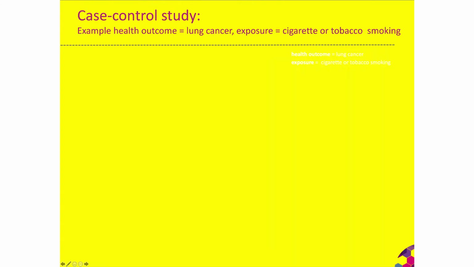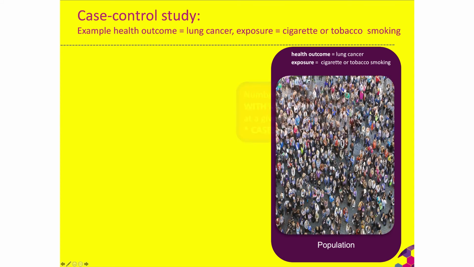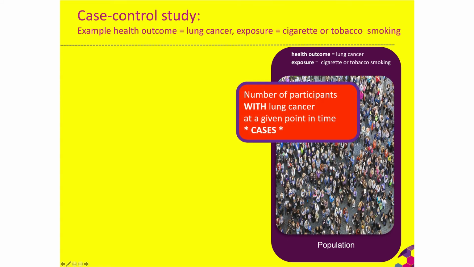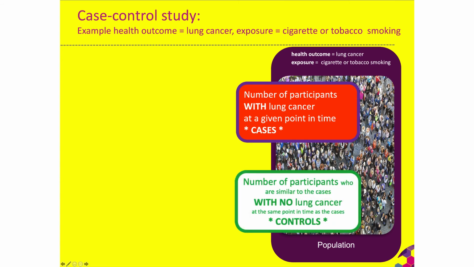So let's look at an example here. So we start with the population, and we're going to look at a health outcome of lung cancer, and the exposure is cigarette or tobacco smoking. So we have the number of participants with lung cancer at a given point in time. We have a number of participants who are similar to the cases, but with no lung cancer at a given point in time.